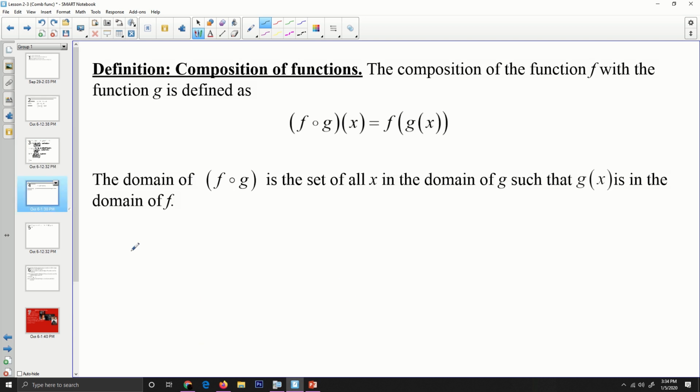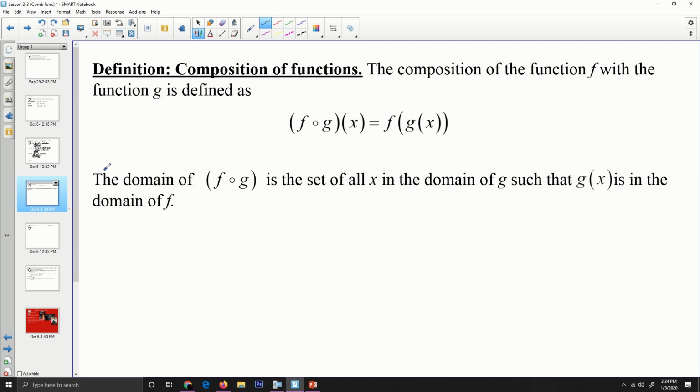The composition of function f with the function g is defined as f with a little raised circle, g of x, which basically means this: I am going to take the function that is g and I'm going to plug it in for f.